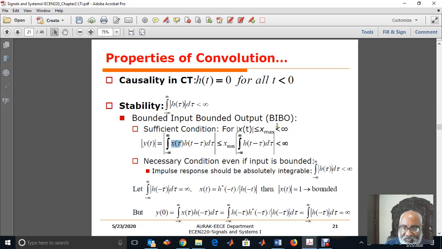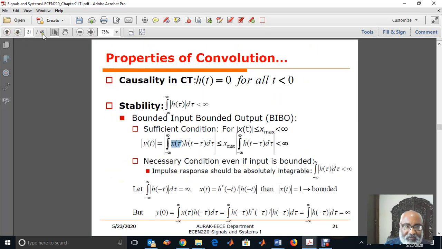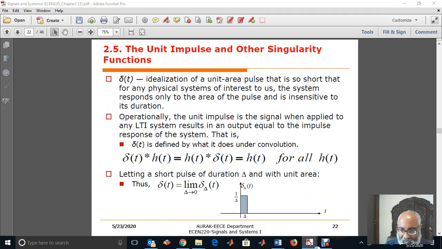Therefore, this integral should be less than infinity. So that means the impulse response should be absolutely integrable.